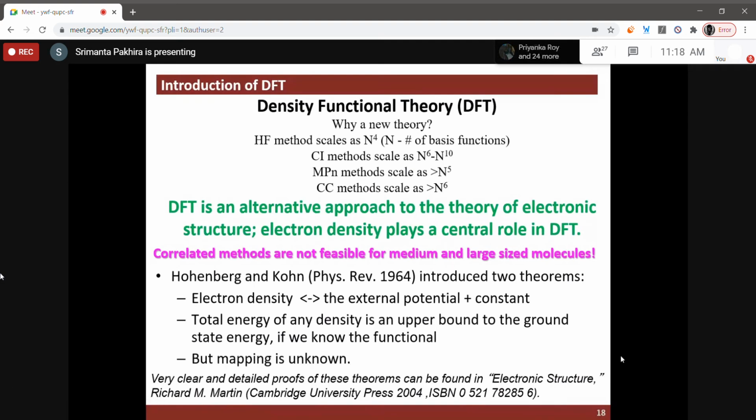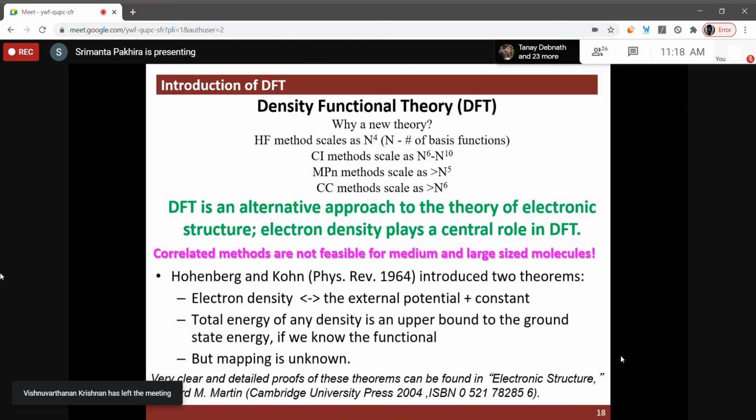They established it around 1964, and Kohn and Sham also developed the Kohn-Sham theory. Basically, they tried to consider the density of the electrons, which is different from the previous approach.